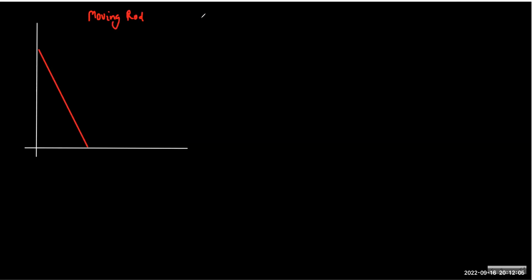A rod of finite length is being pulled at the bottommost by some person, and the guy is pulling with a fixed velocity v naught. At an instant the angle is theta.